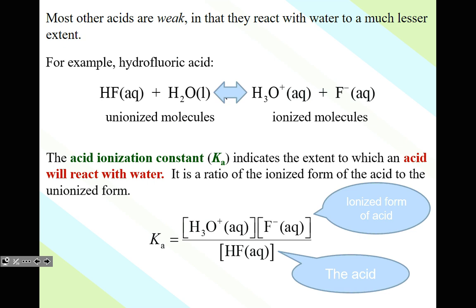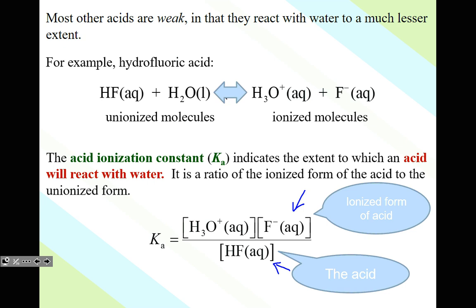However, let's wrap our heads around what a Ka is and how to figure it out. Is there a formula? Is there an expression? It's a ratio of the ionized form of the acid to the unionized form of the acid. Here we have our ionized form, the products, and of course there's just the acid itself, the unionized form, the reactant.